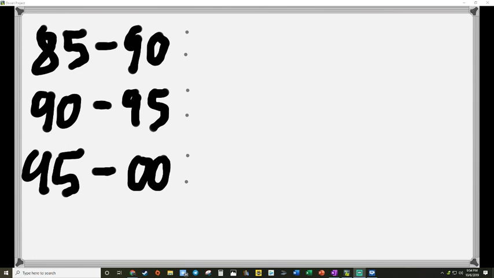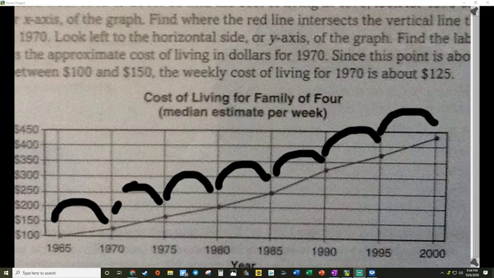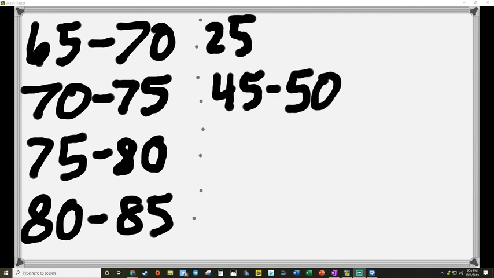From 65 to 70, we discovered is $25. From 70 to 75, 75 is about 175 and 1970 was at 125, so that was about 50. Remember, we're guessing.